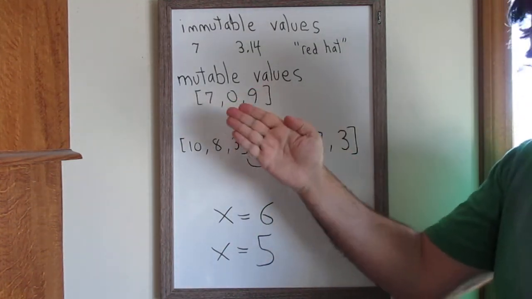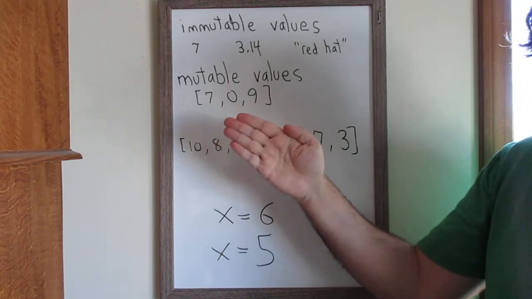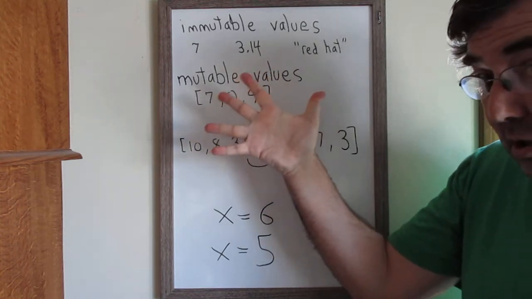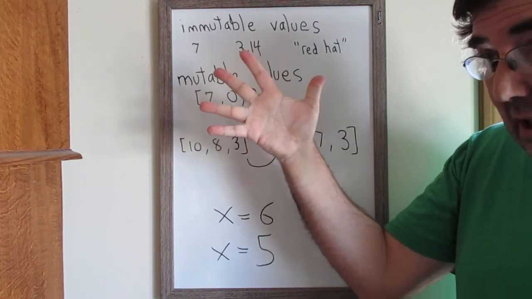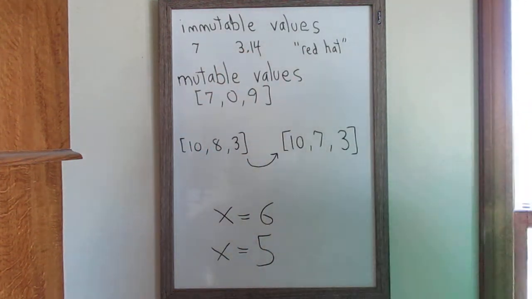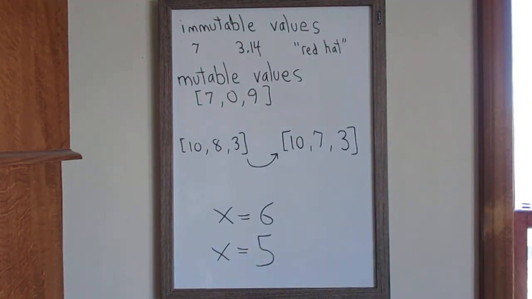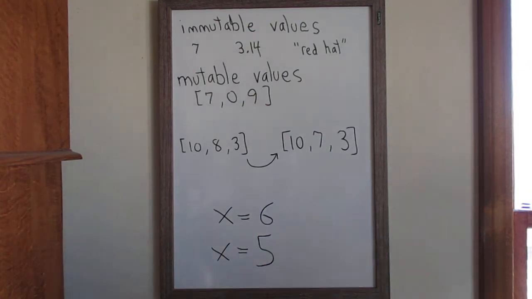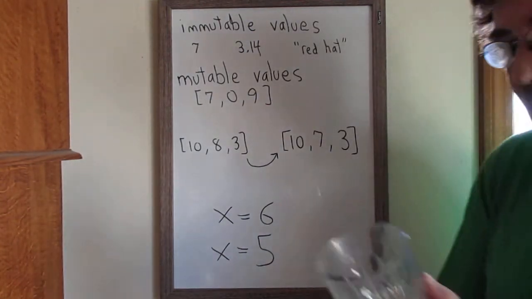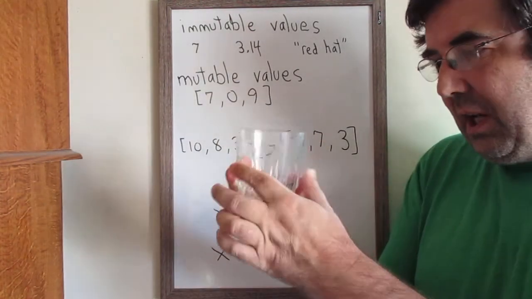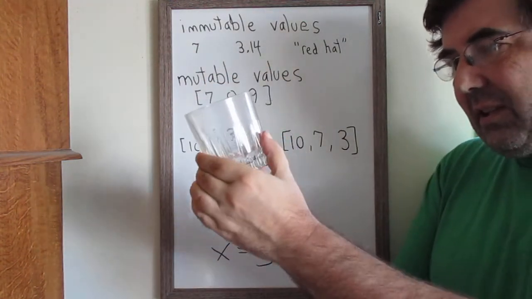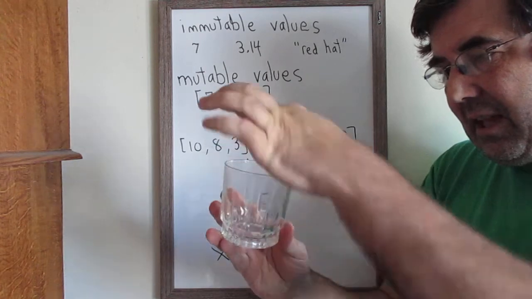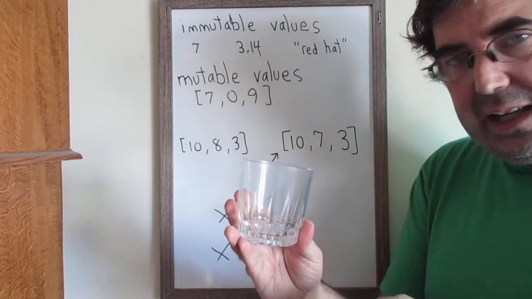That value is one single value that has multiple pieces inside. So that value could be, say, this glass is a value, and if I put marbles inside the glass, then this glass is a single value that has multiple pieces inside.